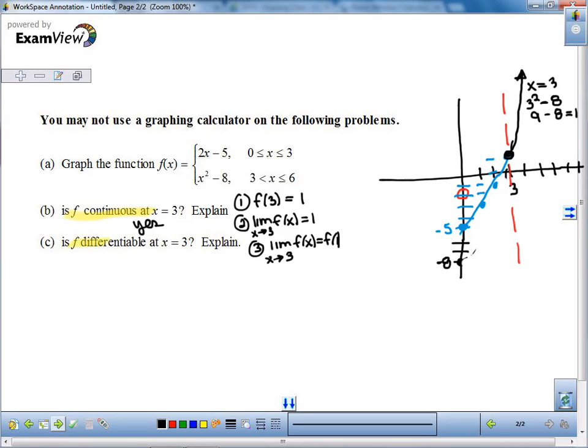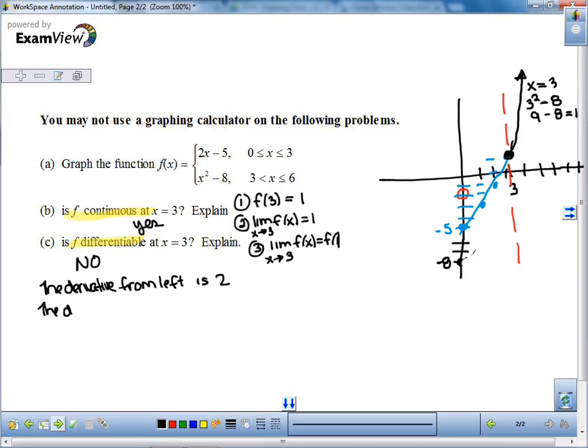The second question asks, is it differentiable? And this is going to be no. Why? Because it's a corner, but the way you explain this algebraically, I can't just say it's a corner. I have to show that the derivative as I come from the left is different from the derivative to the right. So if you look at the derivative on the left, it's going to be 2, because you're taking the derivative of 2x minus 5.